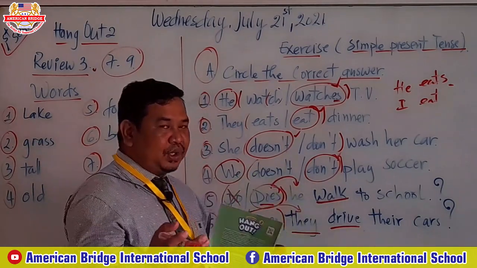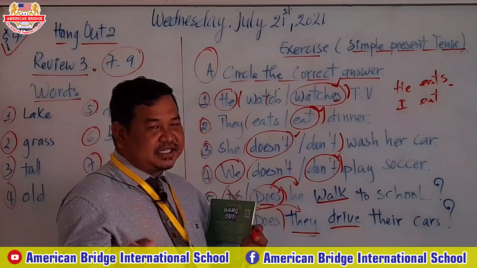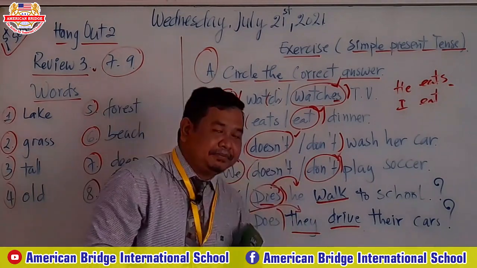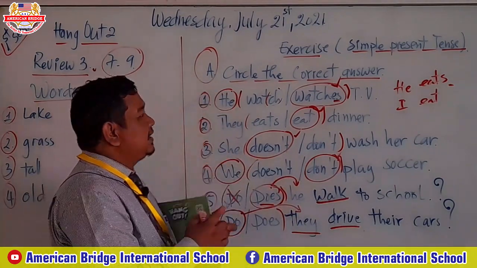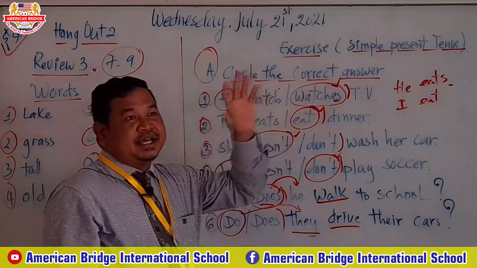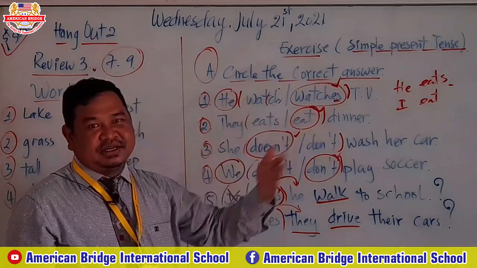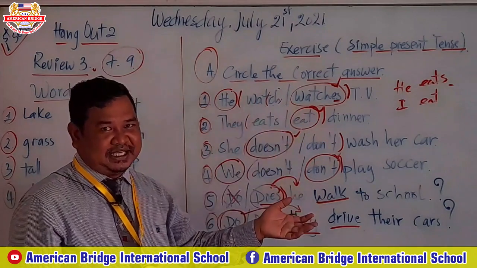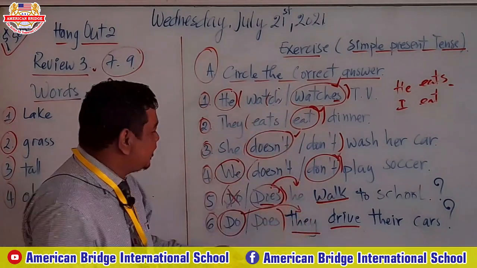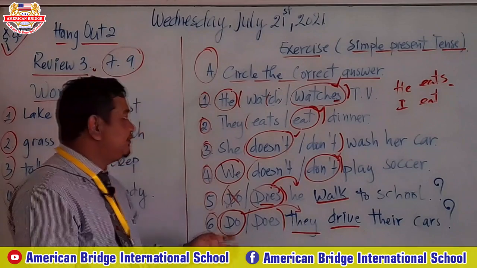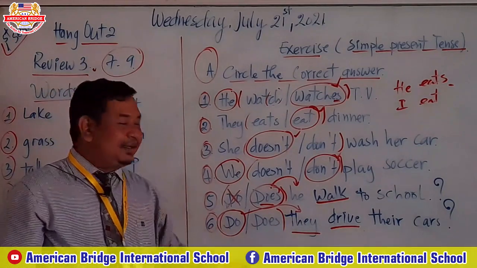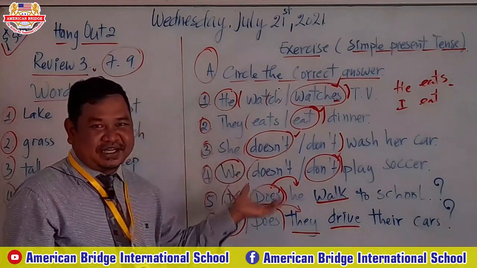Even in negative or question sentences, the verb is normal. We change the verb only in positive sentences with a third person singular subject. Understand what I mean, student? I hope this is very easy for you because you have learned all of this many times, okay?